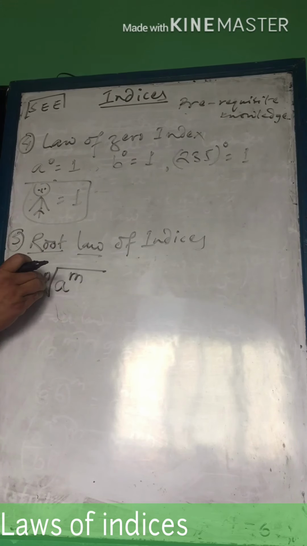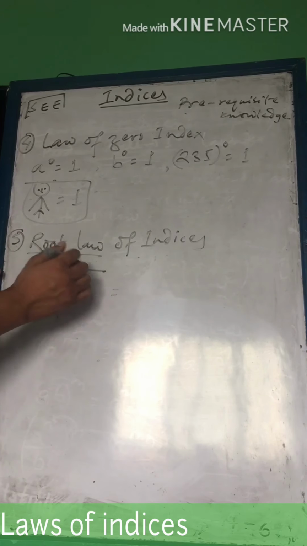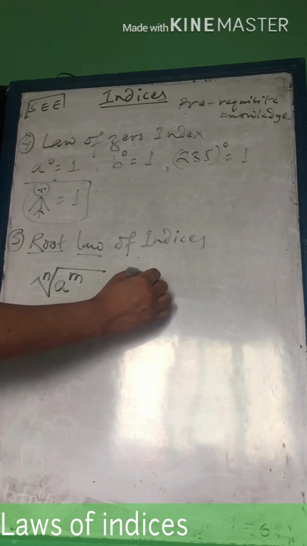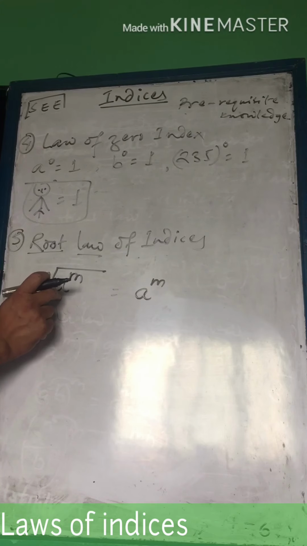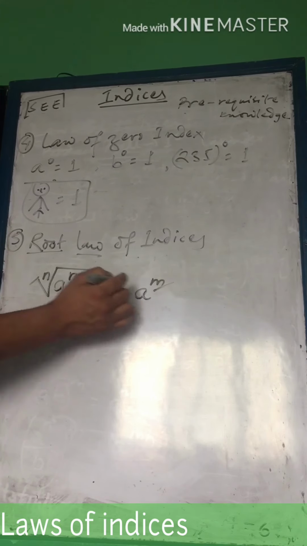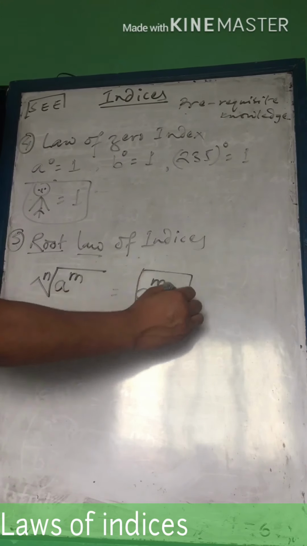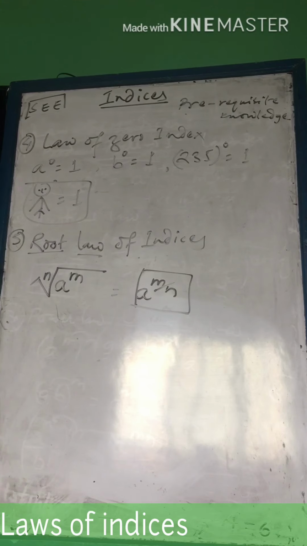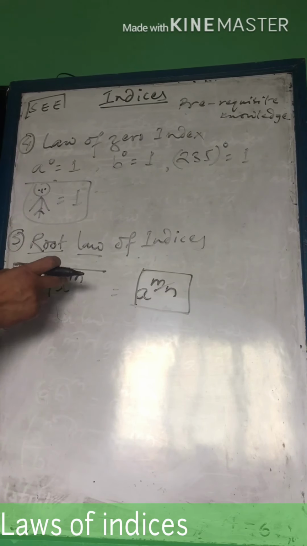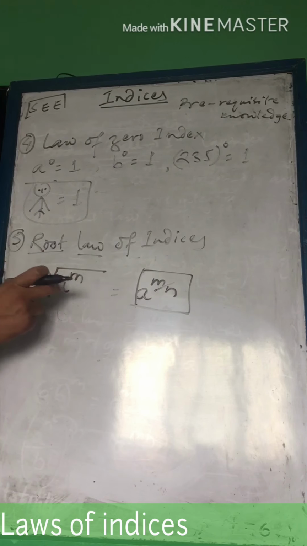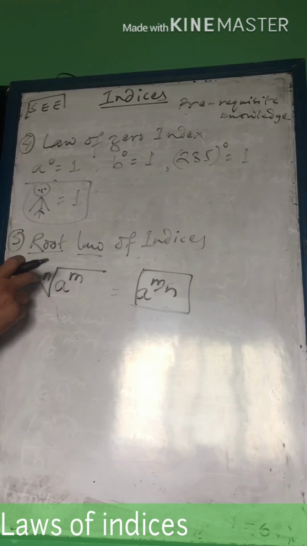When the index number has an nth root, then this root can be removed by dividing the power of this number by its root. If the indices have a certain root, that root can be calculated by dividing its power by that root.